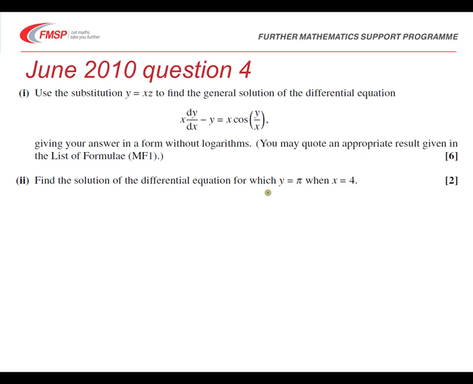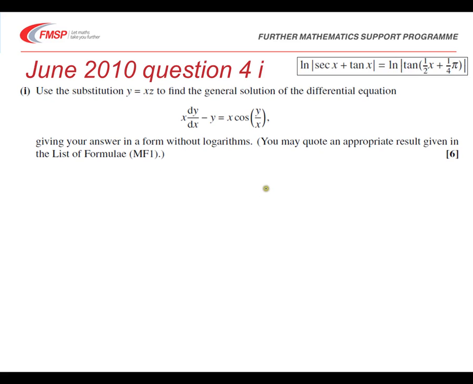So let's see if we can make a start on this question then. So first thing to do is use y equals xz in here. Now if we're going to use y equals xz, we need to know the derivative of it.